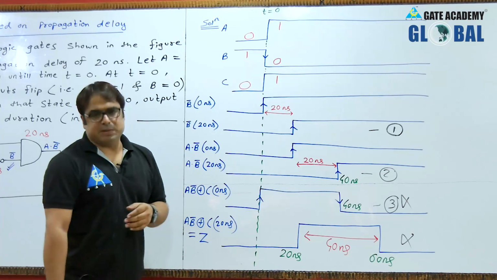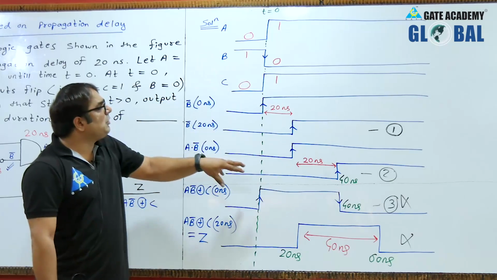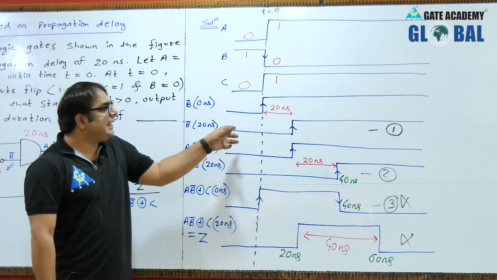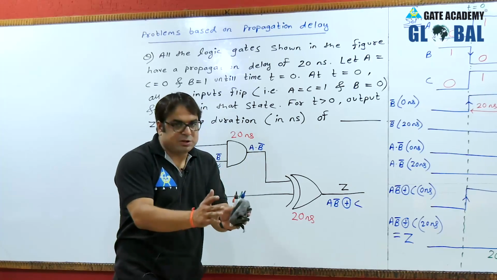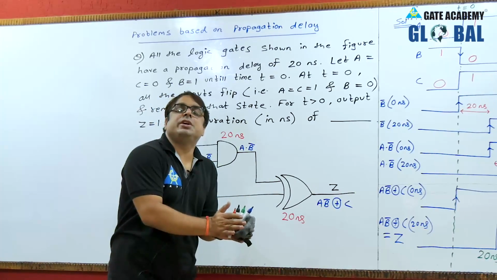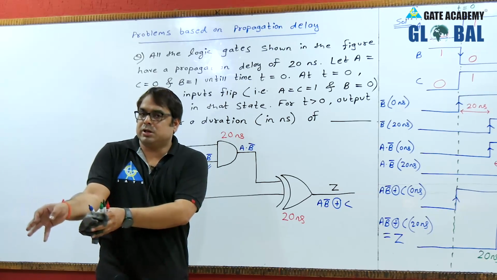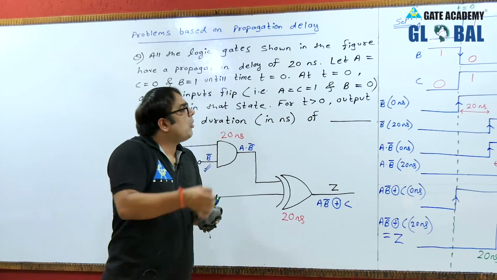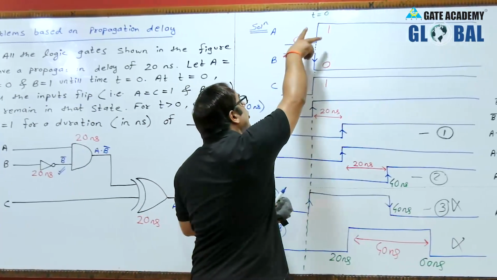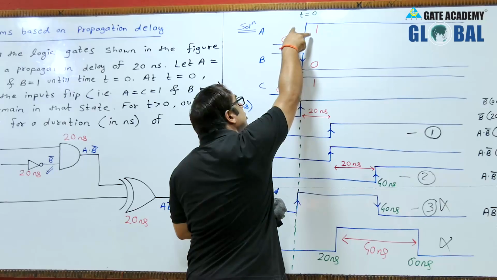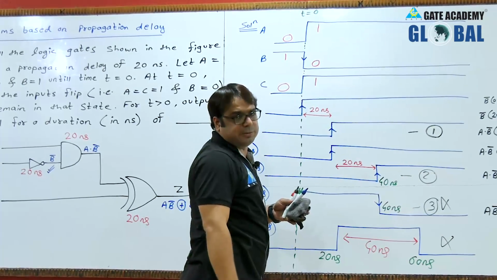Before coming to the next example, I would like to discuss some very important concept related to this propagation delay. Now, focusing on the difference between worst case propagation delay and propagation delay for a particular input condition. So what small change I am making in this question is on the logic of A before and after t equal to 0.